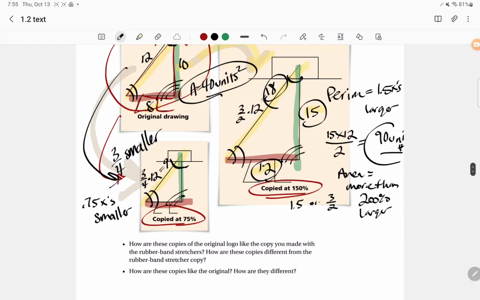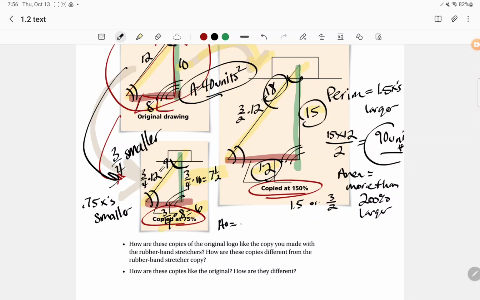And down here, if you went ahead and did your side lengths here, so let's say if this was 12 and 3/4 of 10 and then 3/4 of 8. So 3/4 of 10 on this one right here, that's 7.5. 3/4 of 8 is 6, and the area is the base times the height.